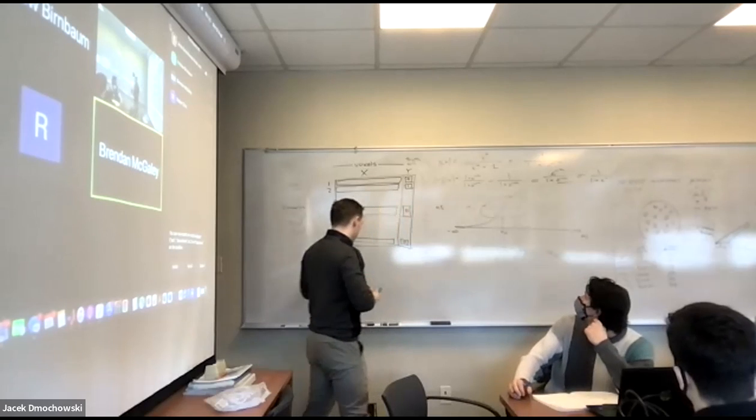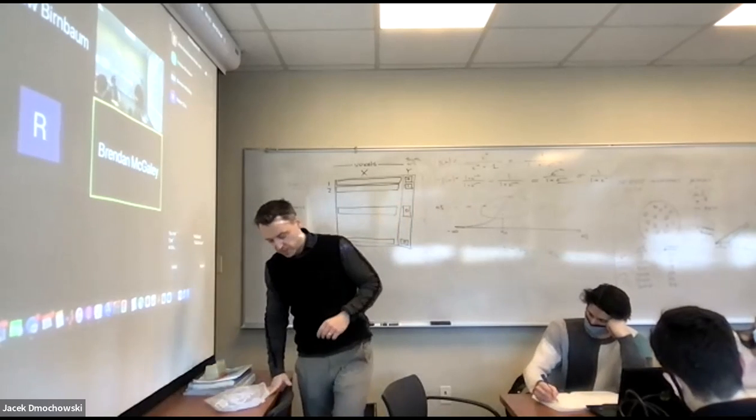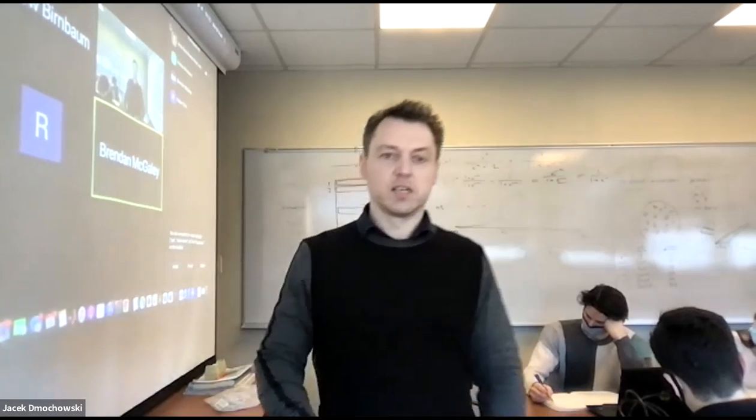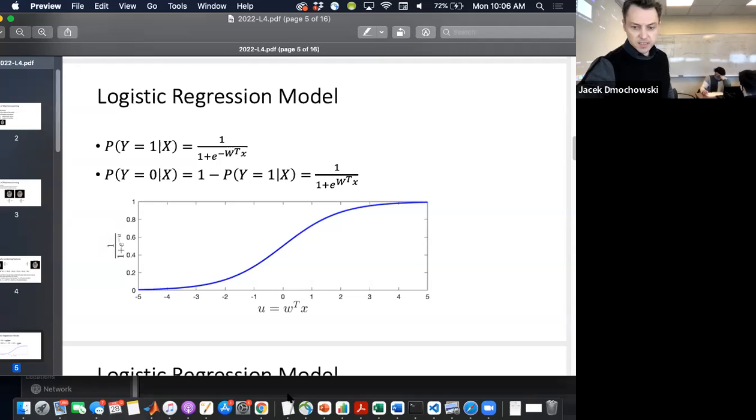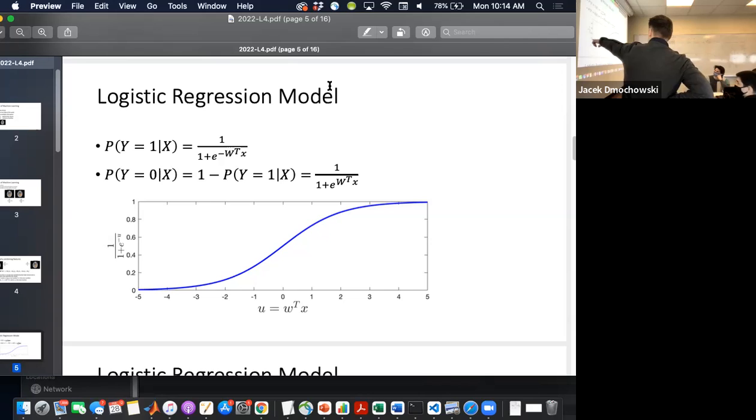So u here is this linear combination of my pixels. So u, which is the input to our sigmoid, the thing that we need to arrange between 0 and 1, combines our data, and then we throw it into this.